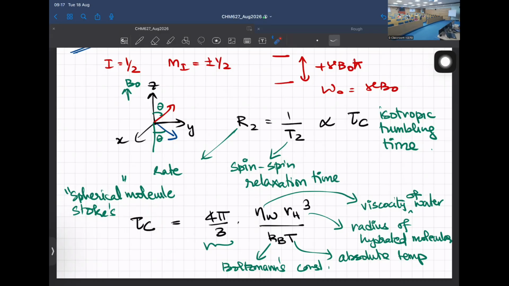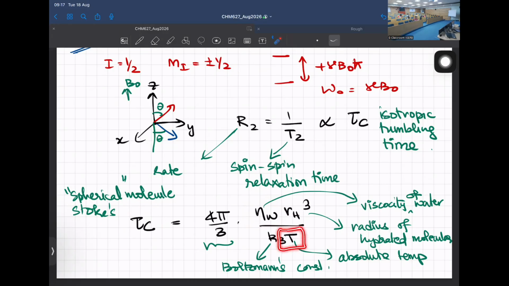You may try to take ethanol in, say, water and measure its NMR spectrum, or neat ethanol for that matter, which is very low in viscosity. On the other hand, you can take ethanol in glycerol or something, where ethanol will still be present, but glycerol's viscosity is high, due to which ethanol cannot reorient itself. You will see the lines are broader. I'll try to highlight the same thing in context of biomolecules in a moment, but please remember, as viscosity increases, tau c increases, therefore R2 increases, therefore line widths increase.